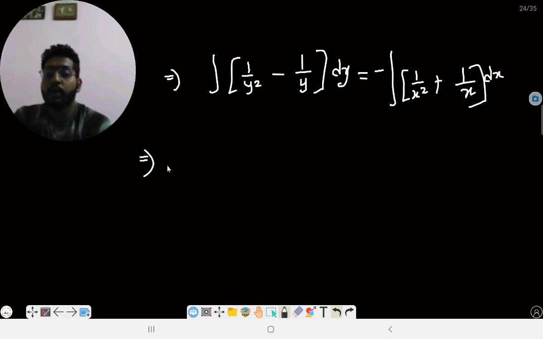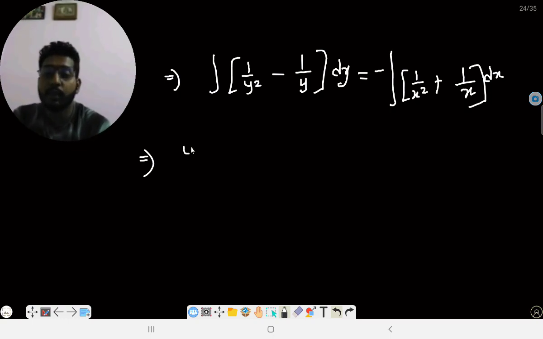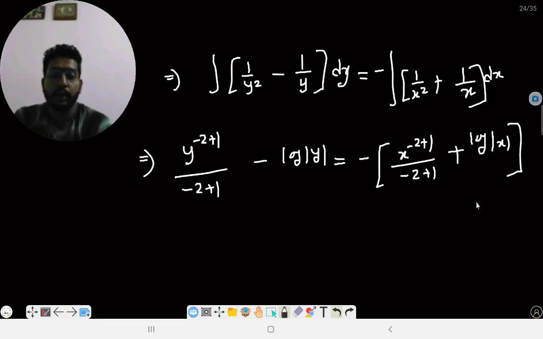Now solve this one. 1 by y square means y to the power minus 2. So what is the integration? y to the power minus 2 plus 1 over minus 2 plus 1, that is minus 1 by y, and the integration of 1 by y is log mod y. Here also the same: x to the power minus 2 plus 1 over minus 2 plus 1, and log mod x, plus c.